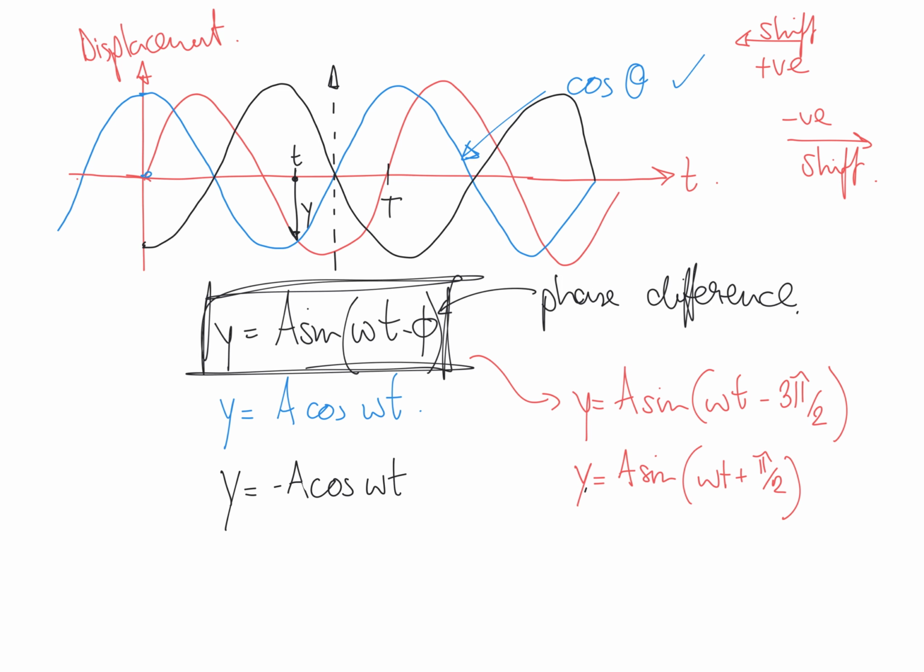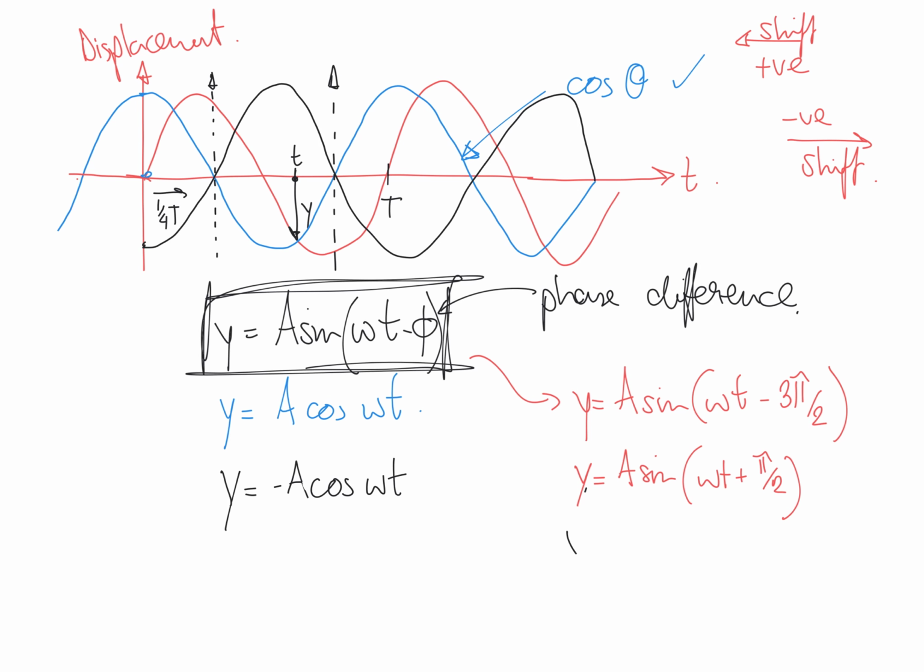Or indeed, I have exactly the same as a sine wave, but now 1/4 of a cycle, not time period, sorry, 1/4 of a time period in the negative direction.